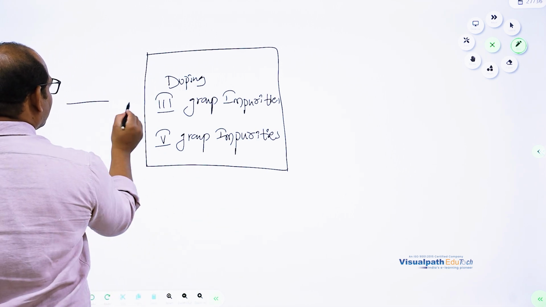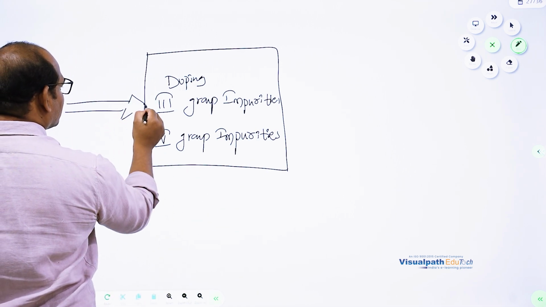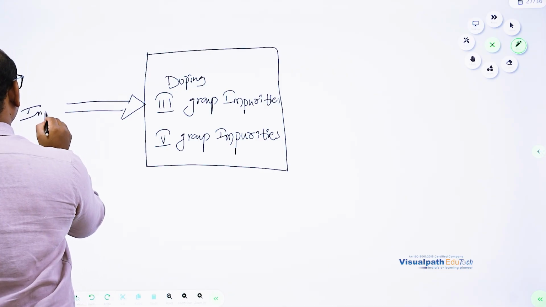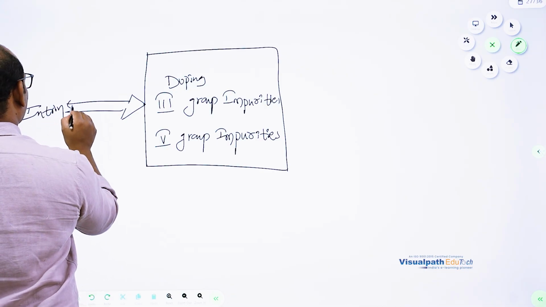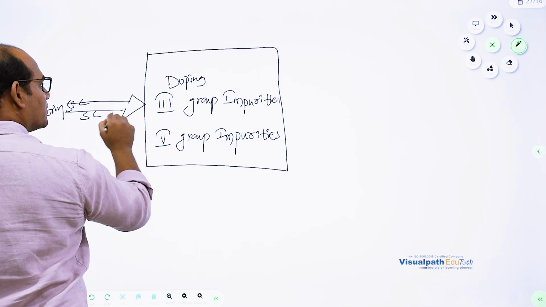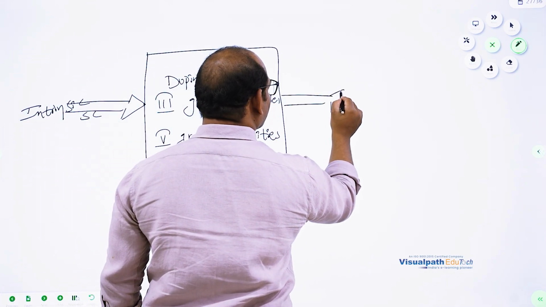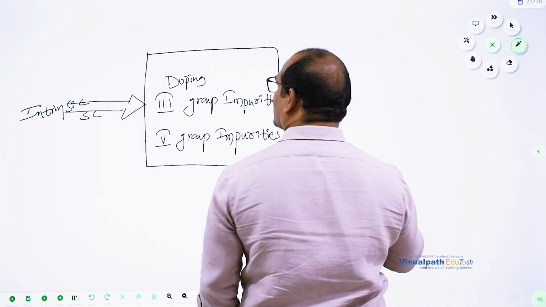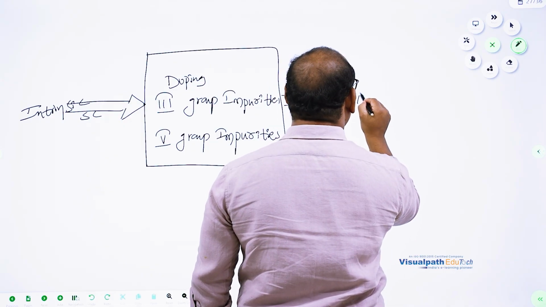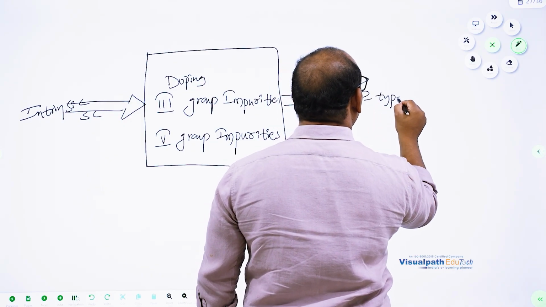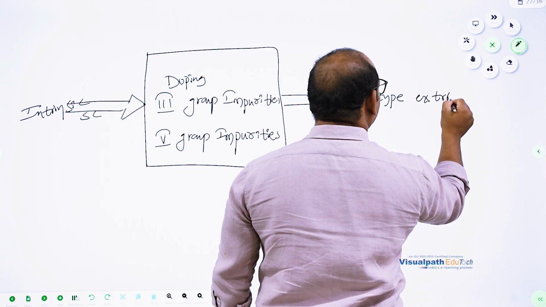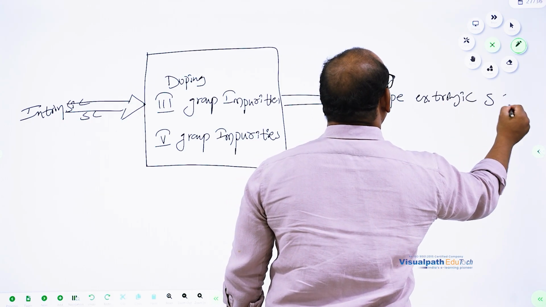If you apply third group impurities to the intrinsic semiconductors, then whatever extrinsic semiconductors you get, those are P type extrinsic semiconductors.